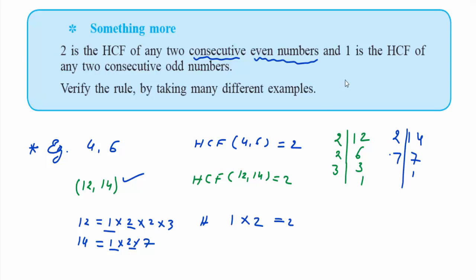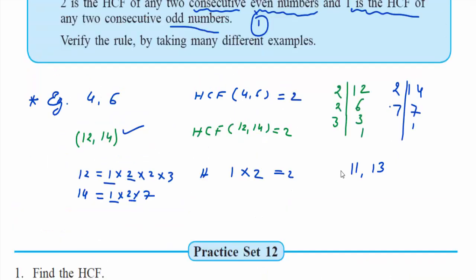And what is written is that 1 is the HCF of any two consecutive odd numbers. अगर two consecutive odd numbers रहेंगे तो आपको 1 HCF होगा. अगर two consecutive even numbers होंगे तो उसका HCF क्या बनेगा? 2 बनेगा. As we know that these two are prime numbers, हमको पता है कि ये दोनों prime number हैं. तो what is the HCF of 11 and 13? Factor of 11, 11 1s are 11.